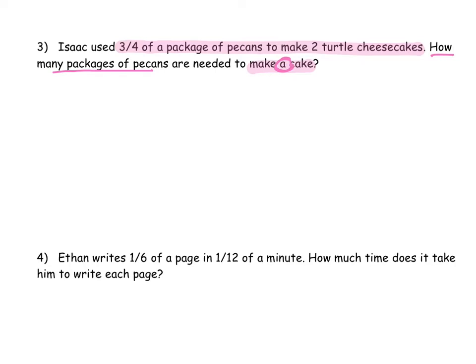So let's start by setting up our first proportion, our first ratio rather. We're going to use method 1 and we'll go through method 2. I'm going to write 3/4 of a package and I'm going to label this as the pecans. Then that is for 2 cheesecakes. I'm just going to write that as cakes. So I have that label.